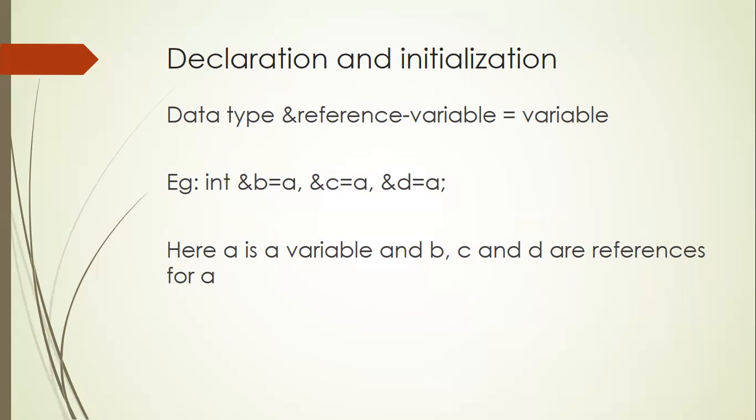Instead of three, you can have 10 also, no problem. But since B, C, D are reference variables for A, throughout the program they must be reference variables for only A. They cannot become the reference variable for any other variable, say X.